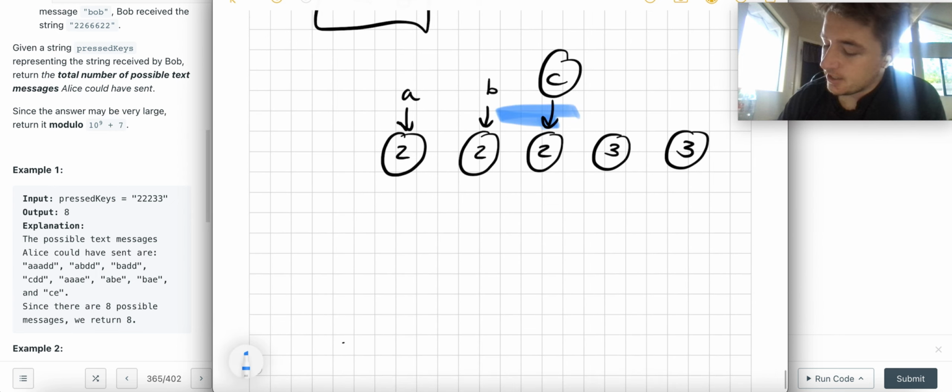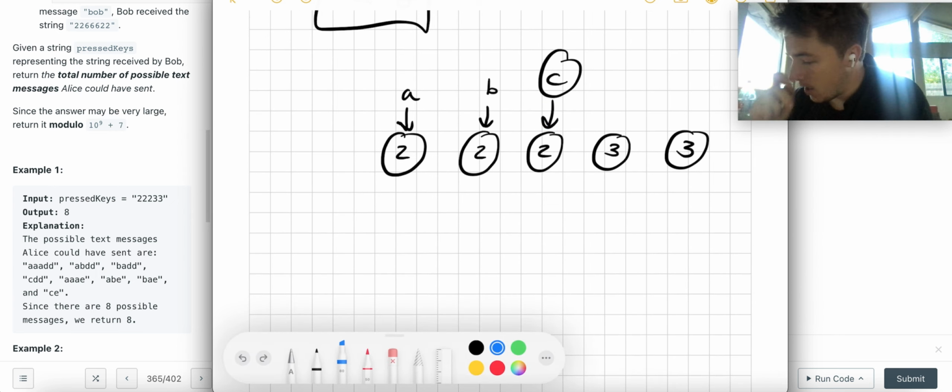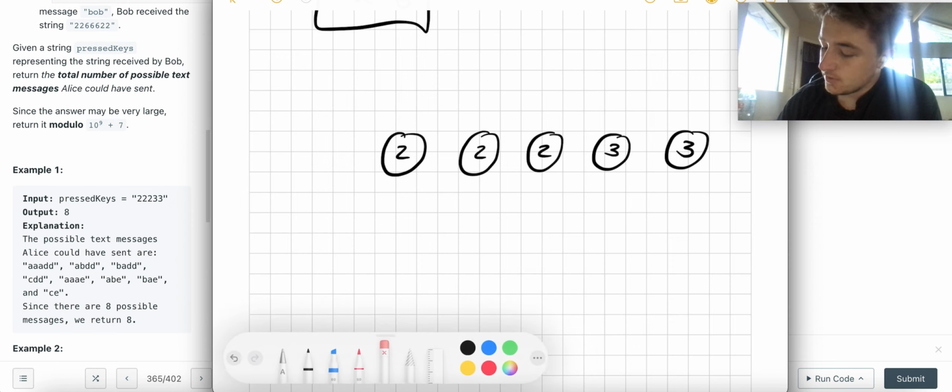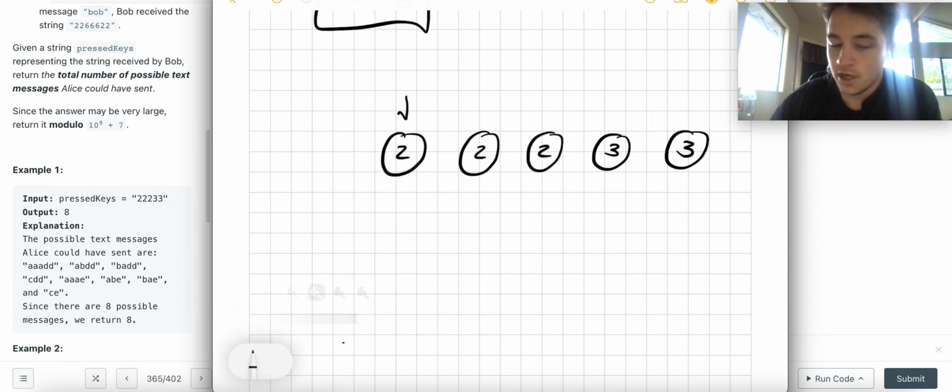Let's get rid of this idea. So what possible things could get me to just typing 1 2? Let's start there.